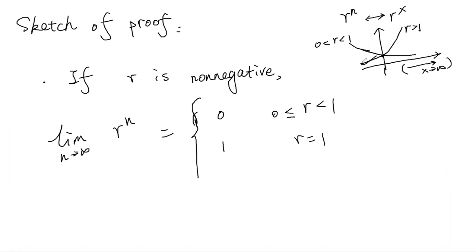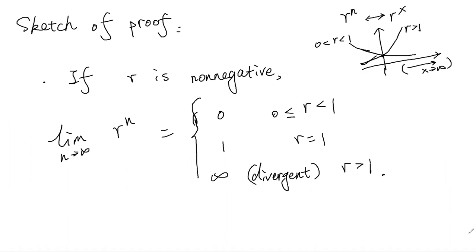And when r is greater than 1, the exponential function is increasing and approaches infinity, so we say it diverges. This is the case for non-negative r.